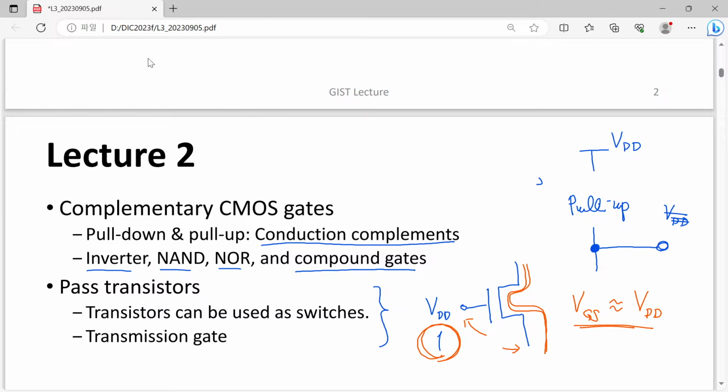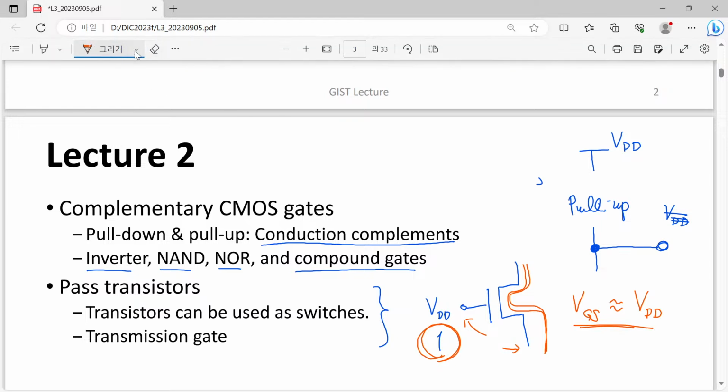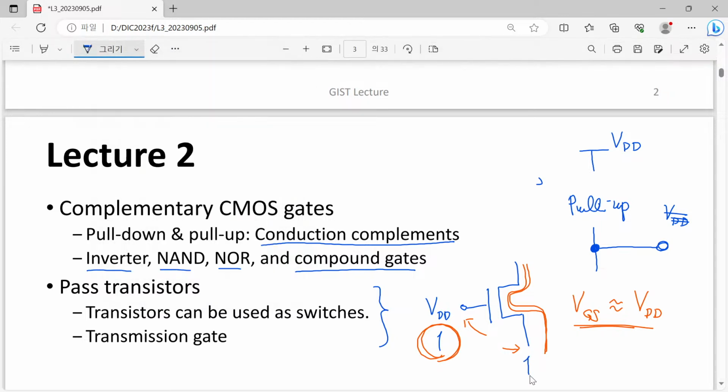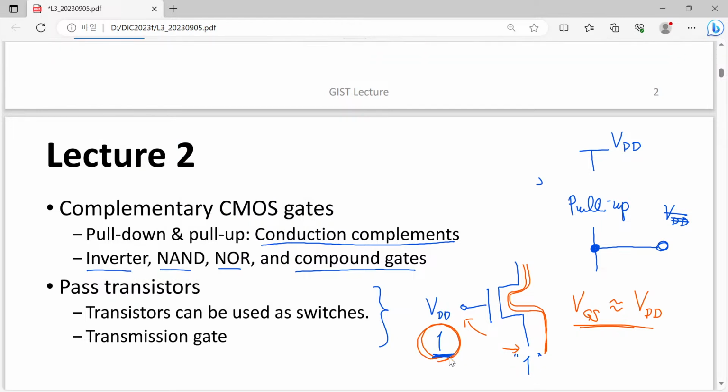However, now let's say we have logical 1 here once again. Although the gate voltage is close to VDD, the source is also close to VDD, so what will happen? Then VGS, which is defined as the difference between gate voltage and source voltage, is close to 0.